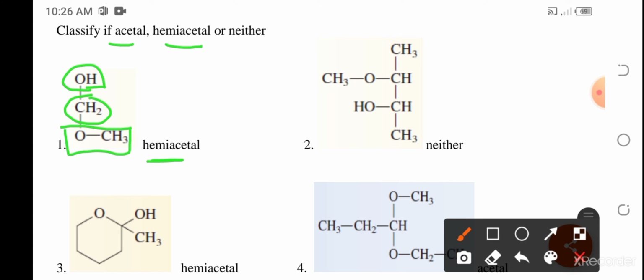This second example, this is an alkoxy, but this is attached on this carbon atom. The hydroxyl is here. Looking at it, the alkoxy and the hydroxyl are not attached to a same carbon atom. So therefore, this is not a hemiacetal nor an acetal.